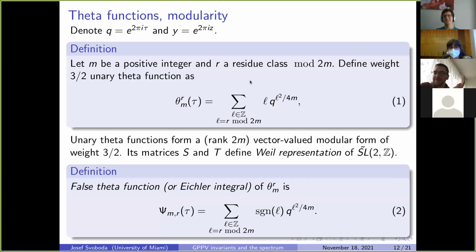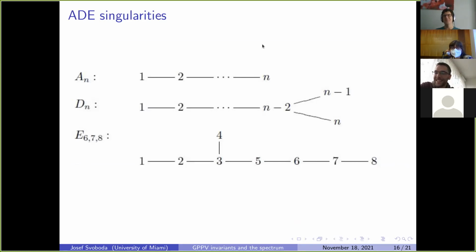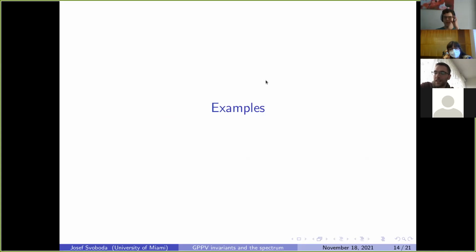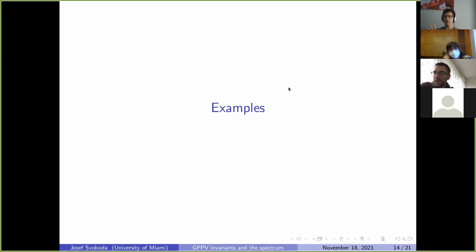Maybe I should say that it's kind of bad that I didn't mention any physics here. I'm trying to learn it. These Z-hat invariants, the motivation comes from M theory, which gives you this 6D superconformal theory on a 5-brane. Then you can compactify the 6D theory on a 3-manifold, and this gives you a three-dimensional theory.